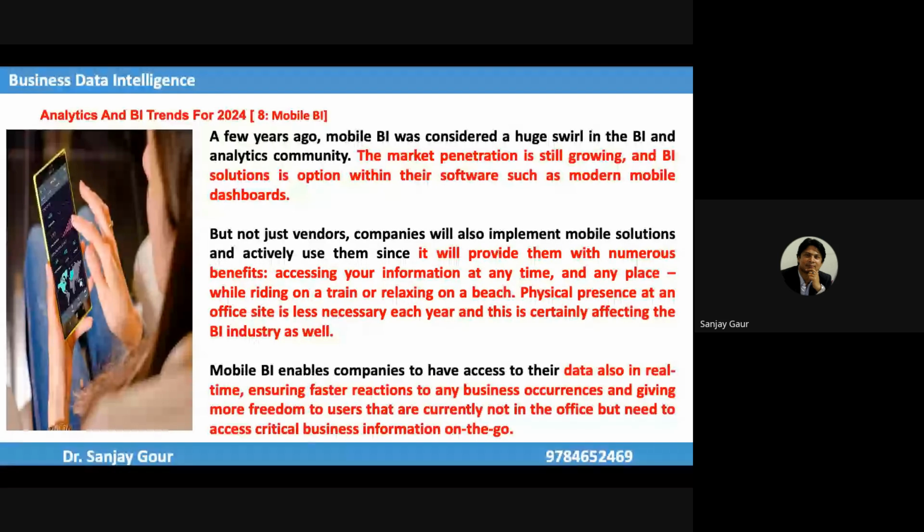Modern mobile BI enables companies to have access to their data in real time, ensuring faster reaction to any business occurrence and giving more freedom to users that are currently not in the office but need to access critical business information on the go.